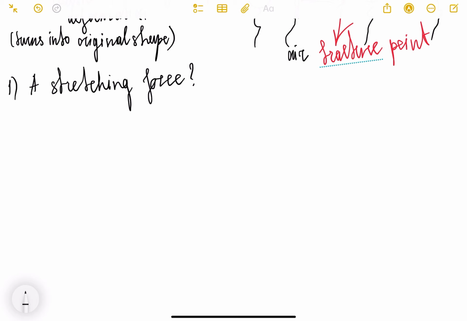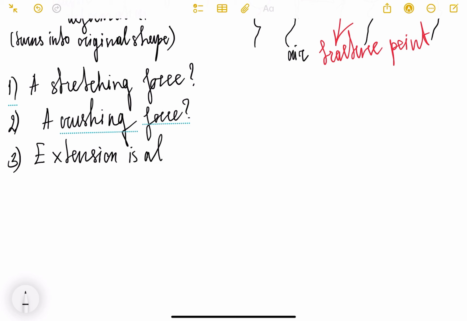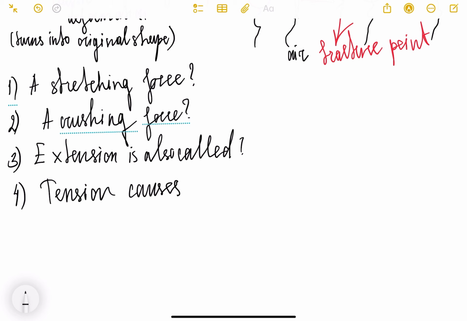The second: a crushing force. What is the name of it? The third: extension is also called. The fourth: tension causes what?